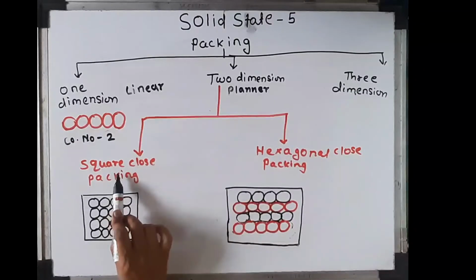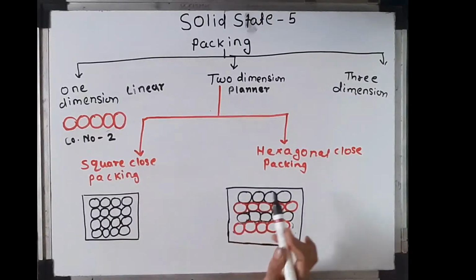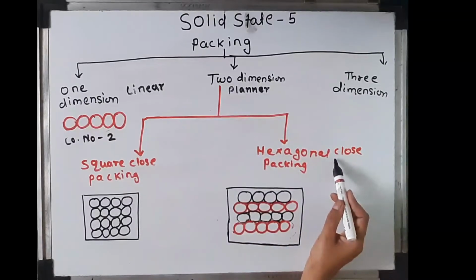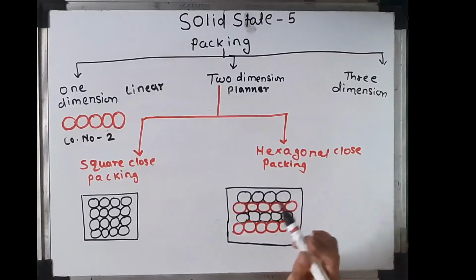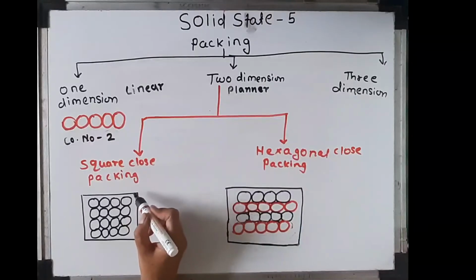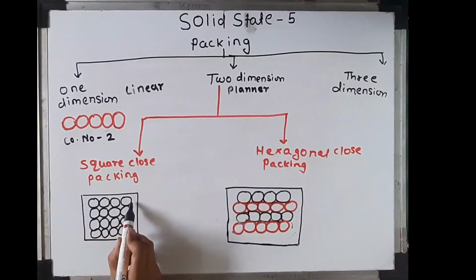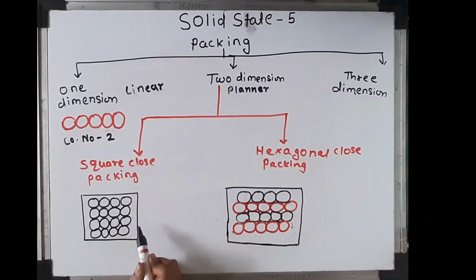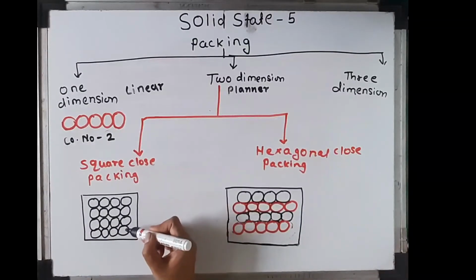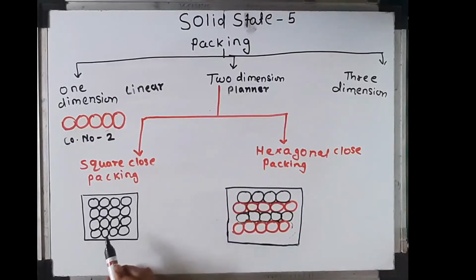First one is square close packing and second one is hexagonal close packing. In square close packing, one-dimensional rows of close packed spheres are stacked over each other such that the spheres align vertically and horizontally.